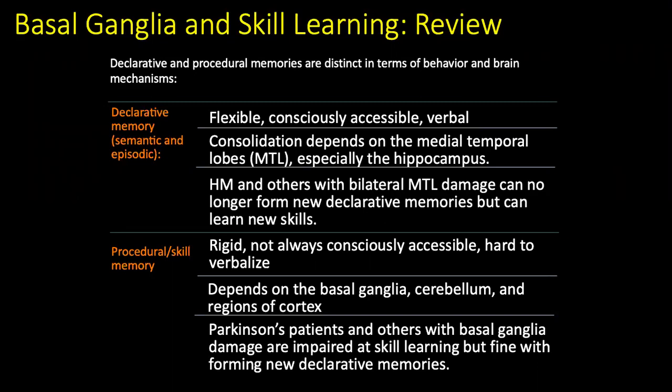And the brain substrates differ, just like the behavior is a little bit different, right? So we talked about the medial temporal lobes a lot, talking about declarative memory, and how that often then gets stored in cortex. But for procedural skills, we're talking about the basal ganglia and the cerebellum, and maybe a little bit of cortex too. But those underlying structures are different, or more motor-based areas in this case.